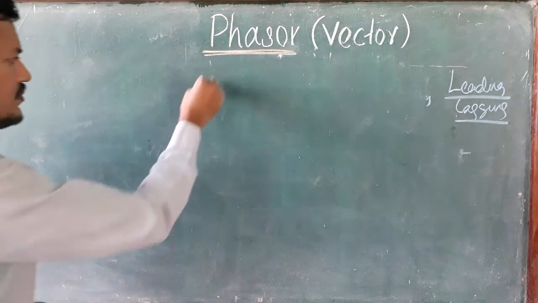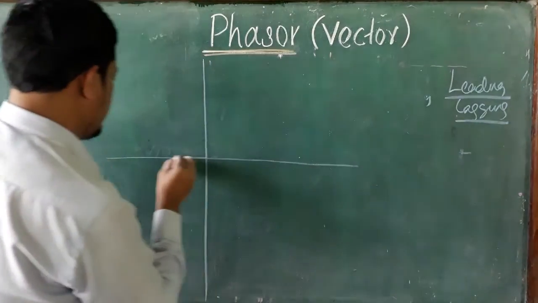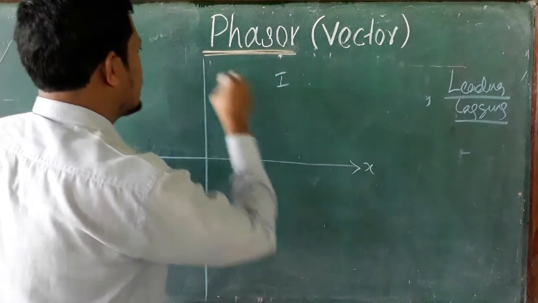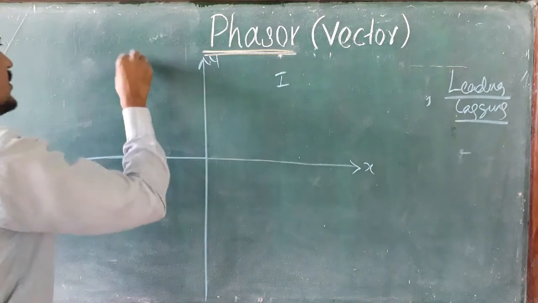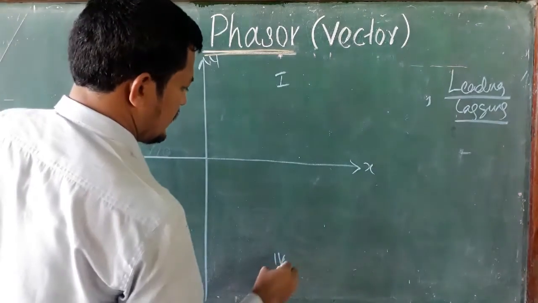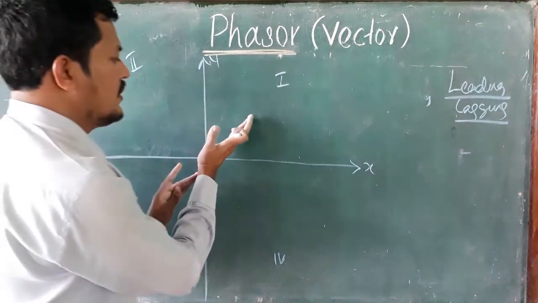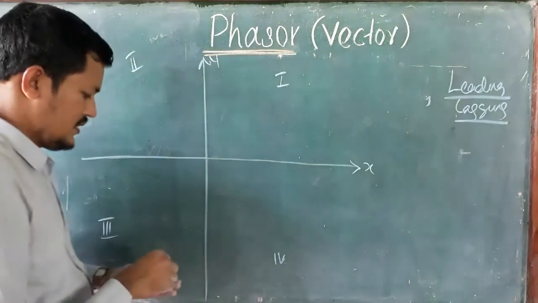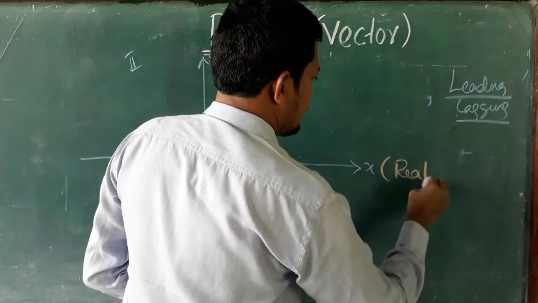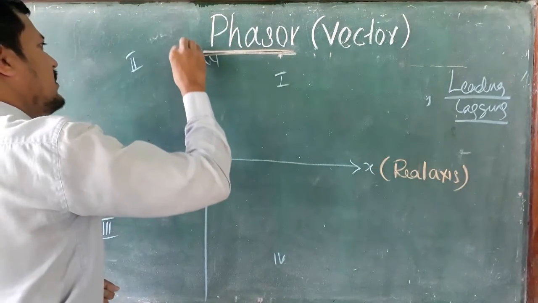You have to know some points. Suppose this is a four-quadrant plane, clear. This is the first quadrant, this is the x-axis, this is the y-axis, second quadrant, third quadrant, fourth quadrant, clear. Now any value in the first quadrant: actually the x-axis is the real axis and the y-axis is the imaginary axis.